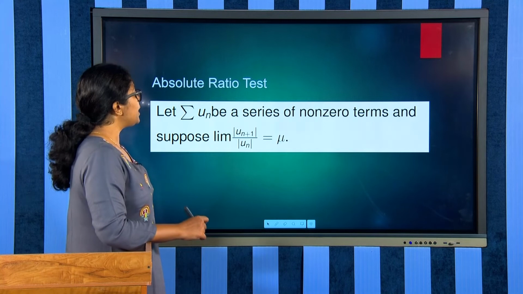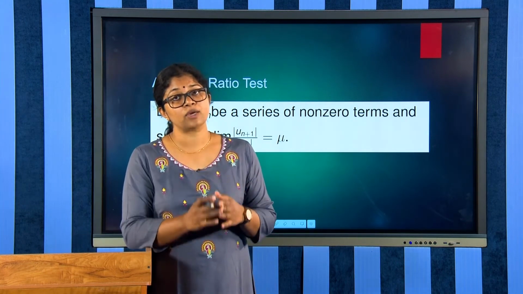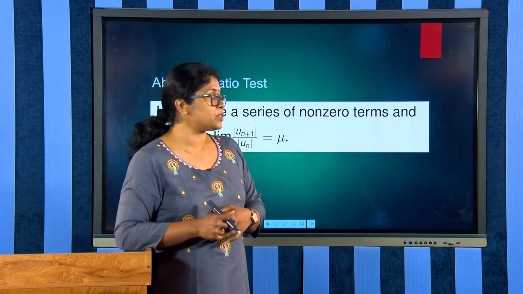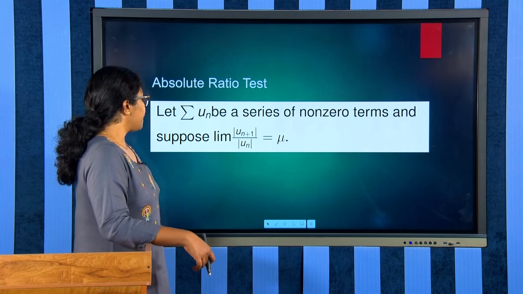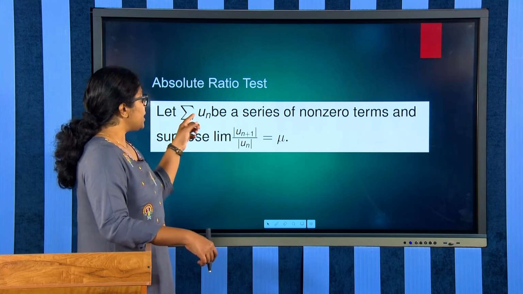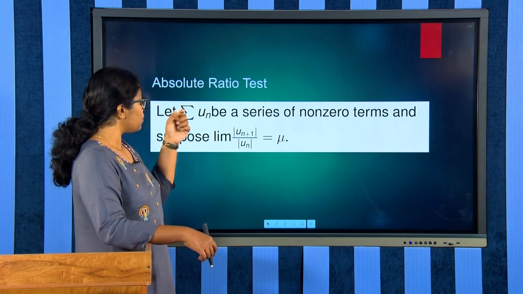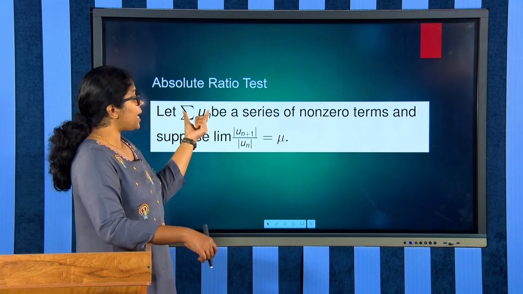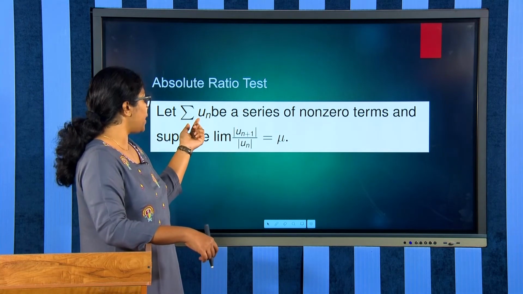Now, the next important test that we require in the case of absolute convergence is what is called absolute ratio test. So, given a series sigma Un, remember here also we are taking the entire term with the sign as summation Un.